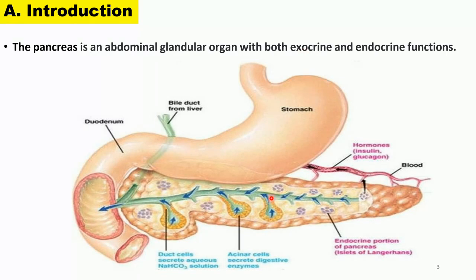Yes, it has multiple cells that produce secretion straight into ducts, and because of that, again, we can say the pancreas is an exocrine gland. So to make everything easy, you can just call it a mixed gland with both exocrine and endocrine functions.